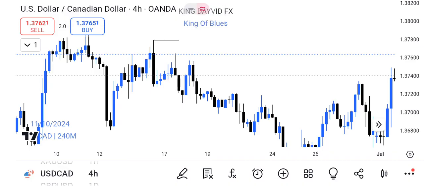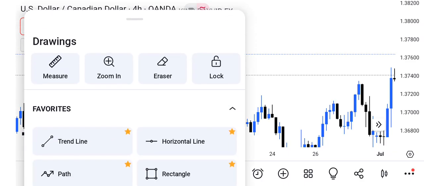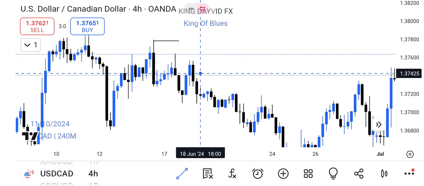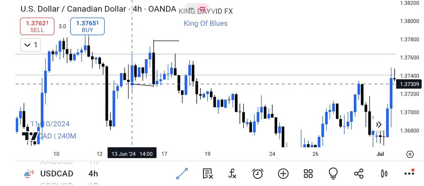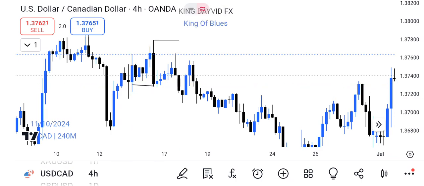It's the highest point in the market. We have another zone right here. This zone is a low. Can you see it? We have the high up there and the low right here.